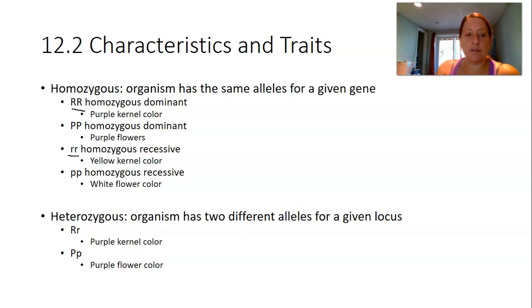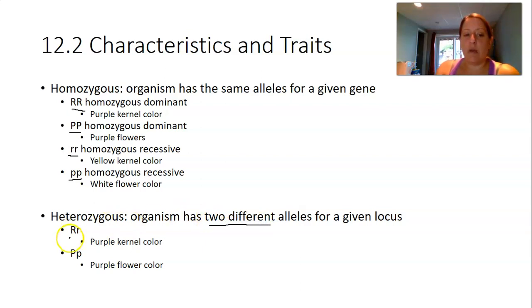Let's do flower color. So purple flowered plants could be big P, big P, homozygous dominant. White flowered plants will be little p, little p, homozygous recessive. Heterozygotes are going to be organisms that inherit two different alleles for a given gene.